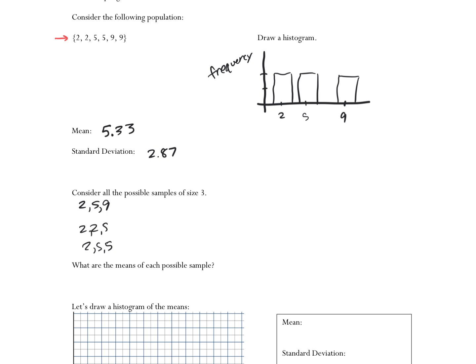What else? 2, 2, 9. I think that might be all the different ways to get a 2. Nope. Yep. 5, 5, 9. So 5, 5, 9. 5, 9, 9. That might be all of them.